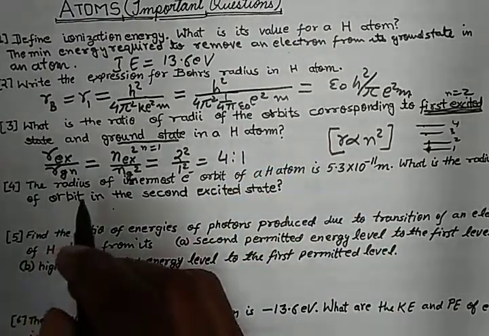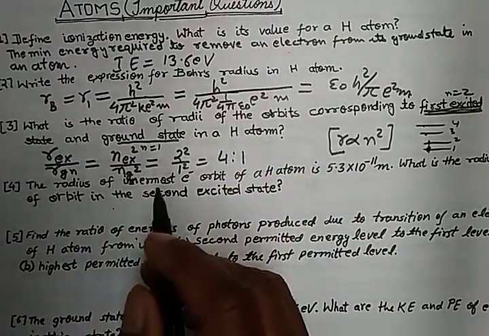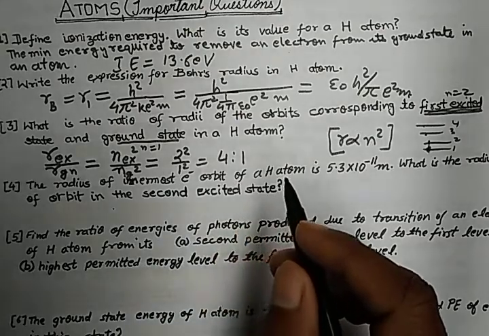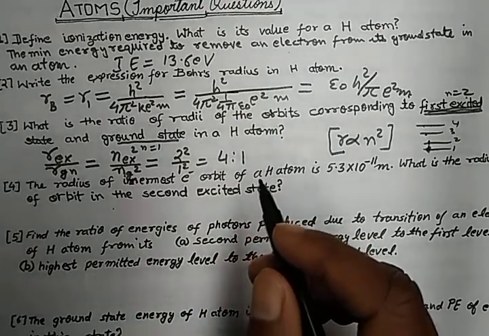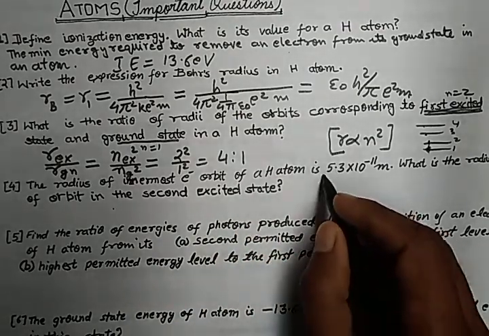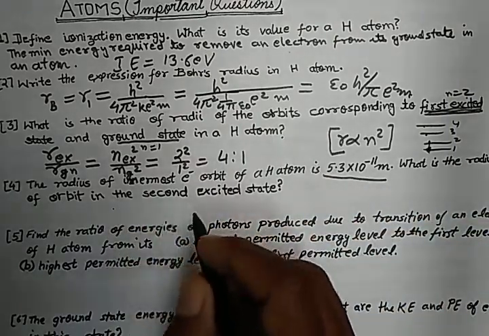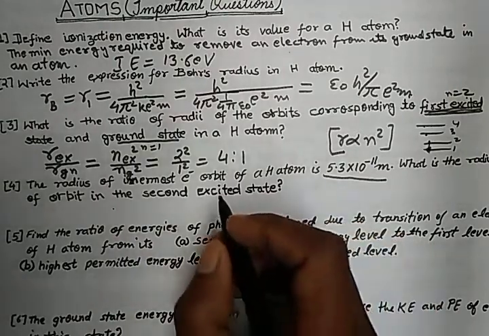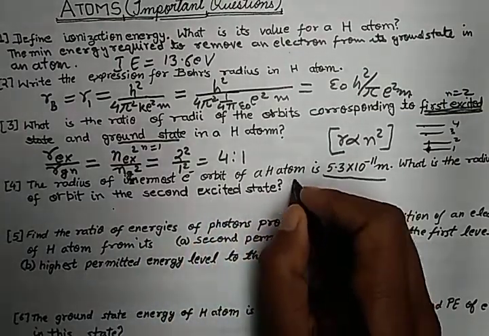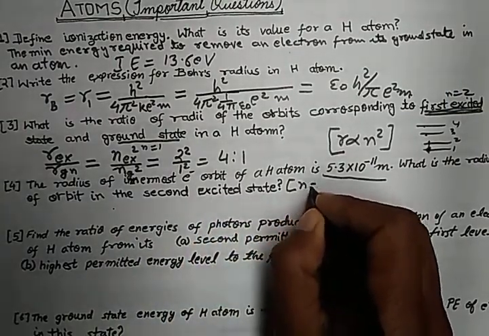Next, the radius of the innermost electron orbit of a hydrogen atom is this. What is the radius of the orbit in the second excited state? Second excited state, actually they are talking about n equal to 3.